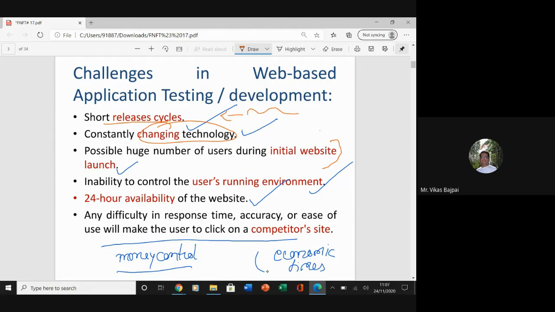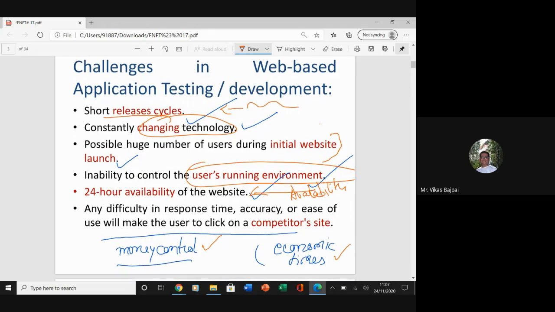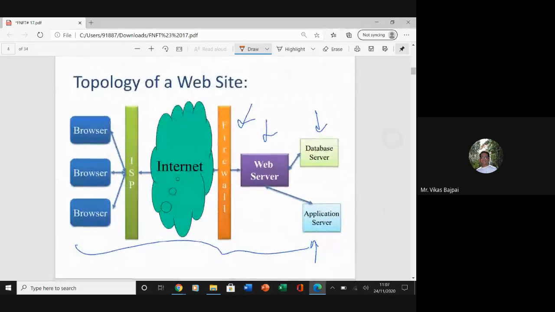Then there is an issue that I don't have any control over the user's environment on which my application is running. Then the availability factor of a particular web portal should be very high, and then we took some examples of a couple of portals where we said that the availability factor should be very high, the response time should be very high.